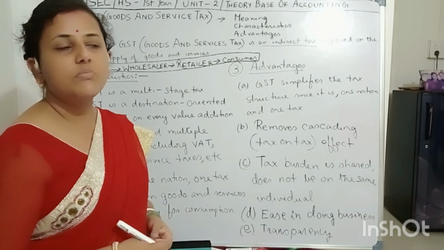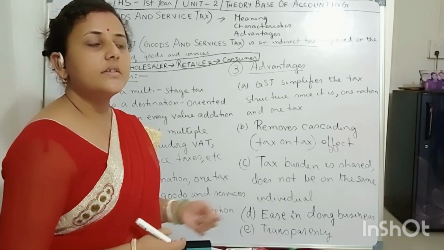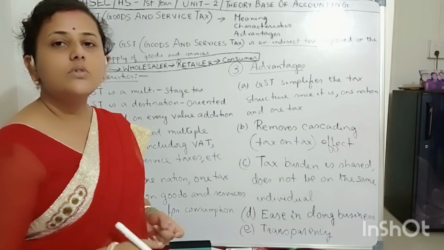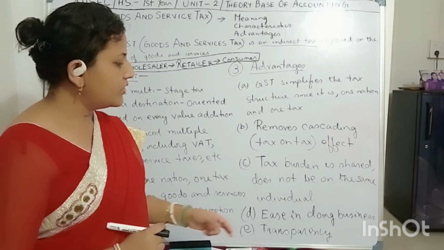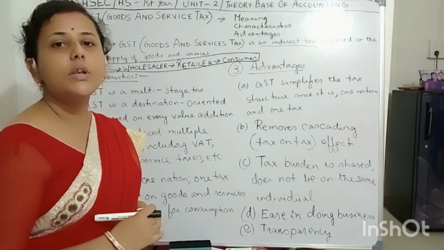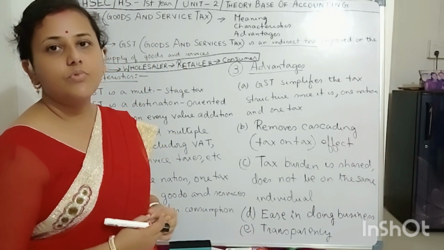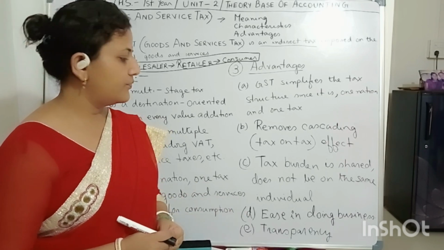GST may be CGST, that is Central Goods and Services Tax, or SGST, State Goods and Services Tax. There are classifications. So, ease in doing business. It becomes very easy for the businessman to calculate taxes when GST was introduced.